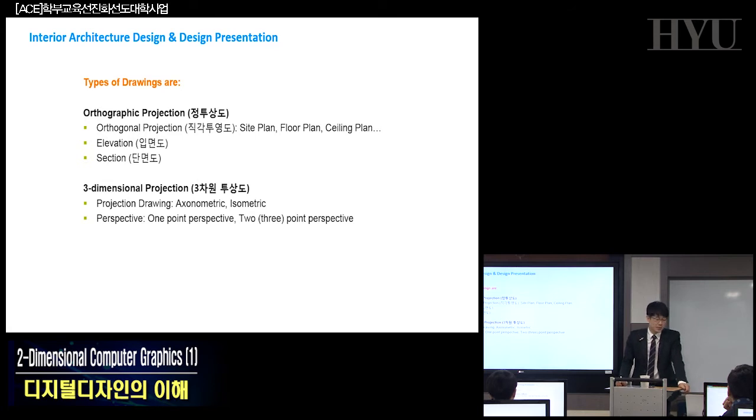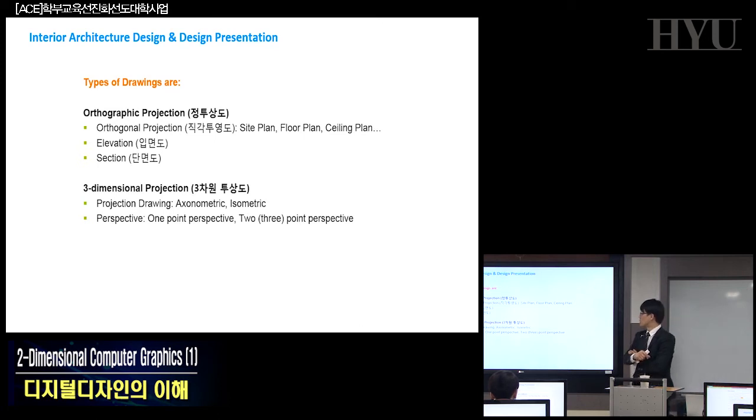Let me show you types of drawings. We can simply classify them in two different categories. First one is orthographic projection. For your information, I put the official terms in Korean, orthographic projection and 3-dimensional projection. In orthographic projection, some typical conventional drawings are here.